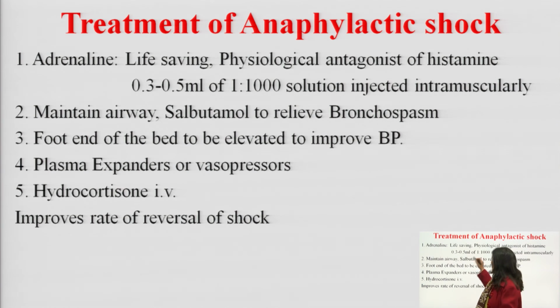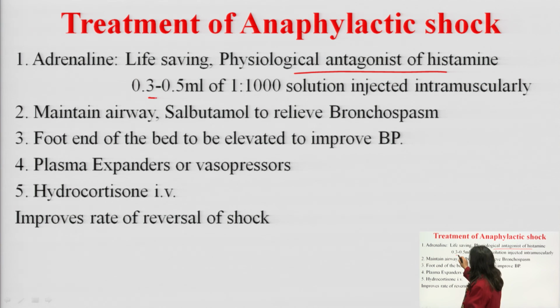Now, what is the treatment of anaphylactic shock? So, adrenaline in this case is a life saving drug. Adrenaline is a life saving drug which is a physiological antagonist of histamine. Histamine is an inflammatory mediator.